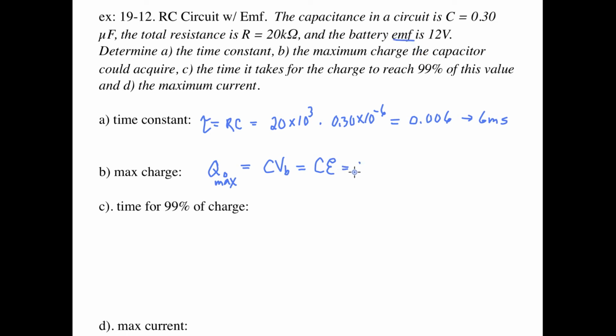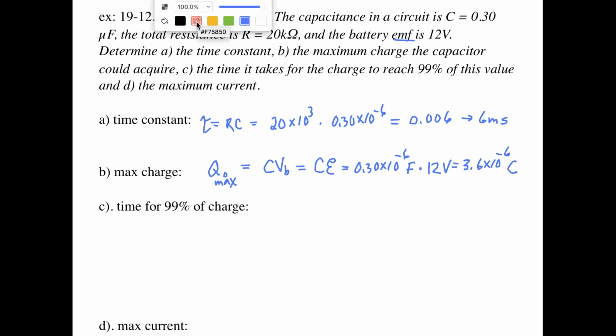So we get 0.30 times 10 to the negative 6 farads times 12 volts, and we would get 3.6 times 10 to the minus 6 coulombs. If you want to check your units, a farad is a coulomb per volt, so the volts cancel and we are left with coulombs. That's an appropriate unit. Or you could say this is 3.6 microcoulombs for our answer.